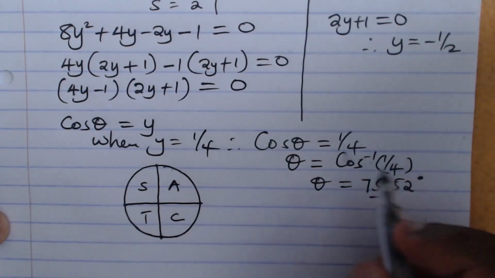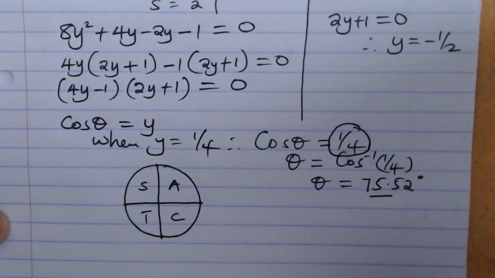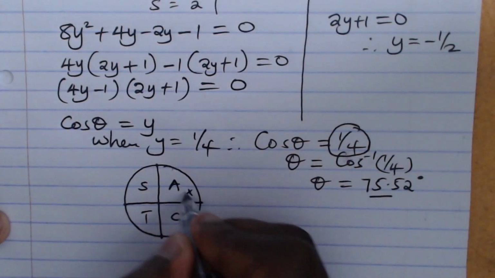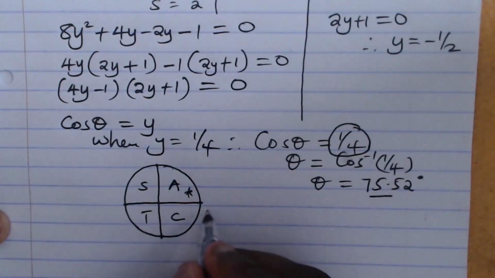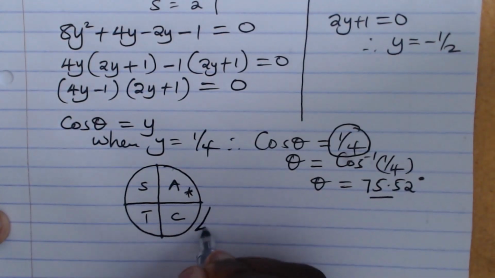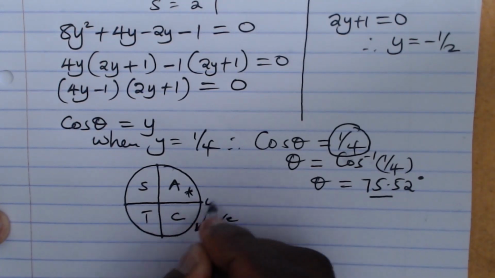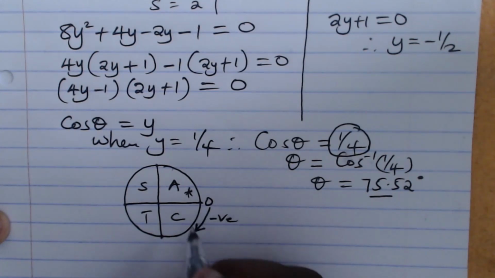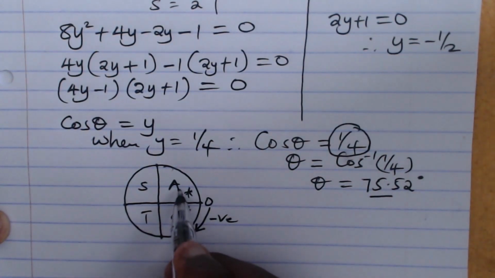So here we have obtained that cosine is positive, a quarter. So where is cosine positive? And we must maintain the range given. The first one is here, where we get the angle 75.52. On the negative side, remember that we measure negative angles in the clockwise direction. Cosine is positive in the first and the fourth quadrant.